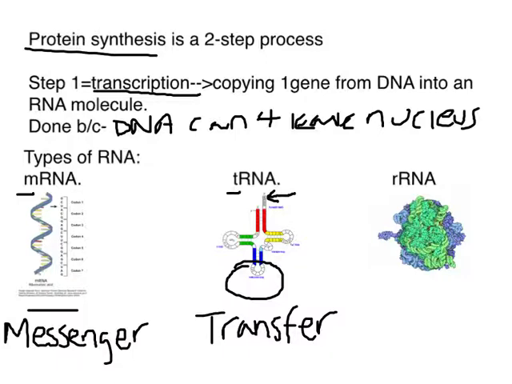The third type of RNA that's going to be involved here is rRNA, which stands for ribosomal RNA. This picture that you're seeing is a whole ribosome. A ribosome is made up of protein, but it's also made up of this rRNA, or ribosomal RNA.